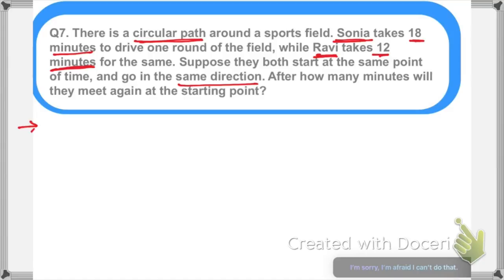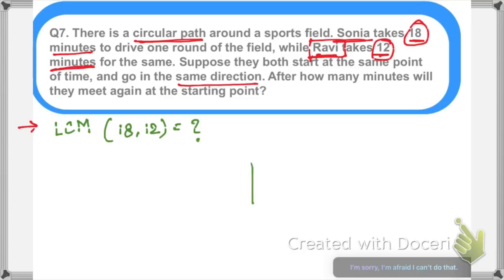So here you can find that Sonia took 18 minutes while Ravi took 12 minutes. Of course Ravi took less time compared to Sonia. So we will find the LCM of 18 and 12, and then you will get to know after how much time they will meet again at the starting point.